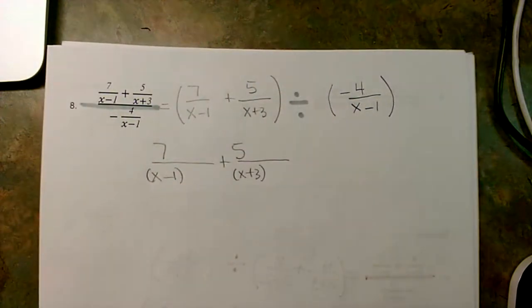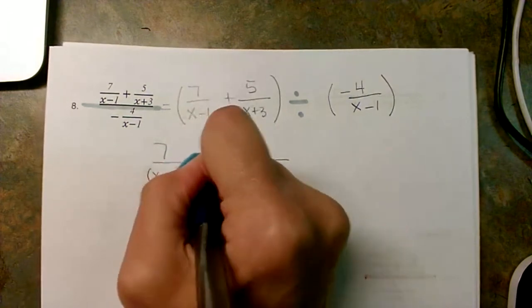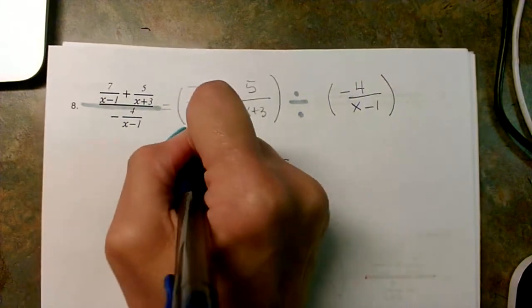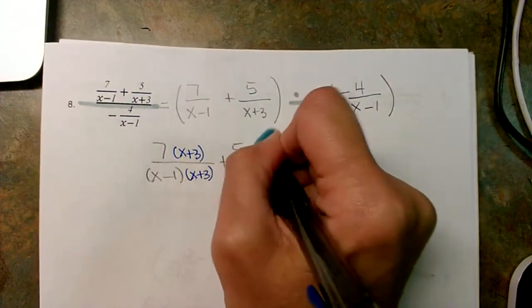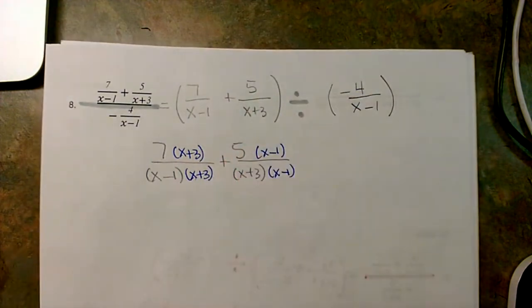So we're just going to come here and x plus 3, x plus 3, x minus 1, and x minus 1.